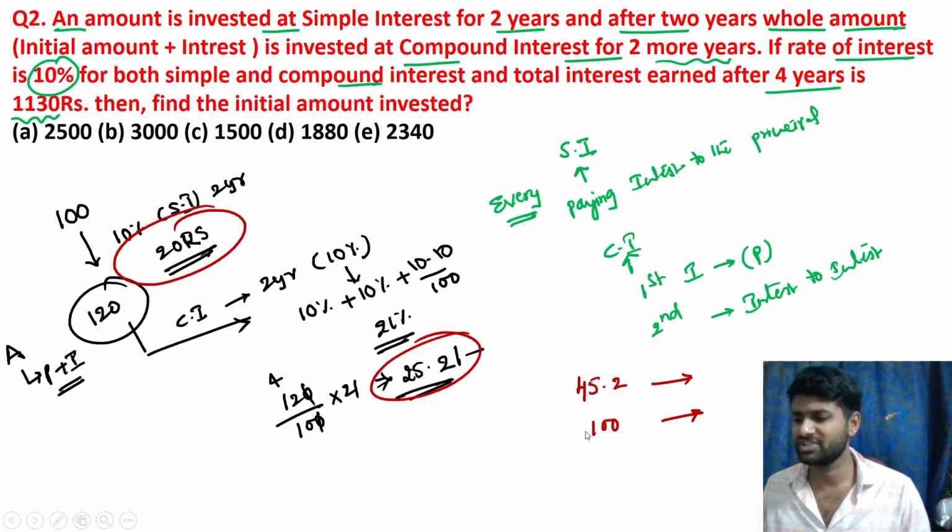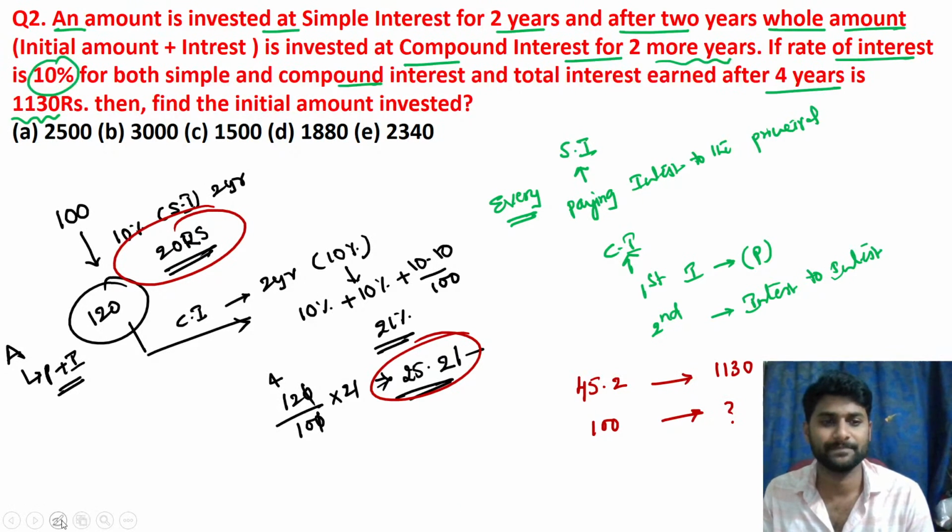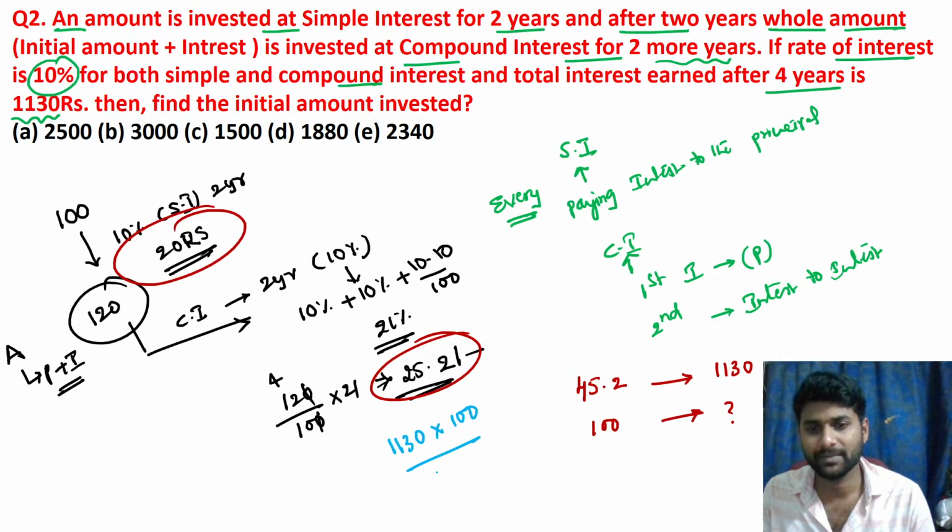You have to find the initial investment. 45.2 is exactly equal to 1130. So what is the value of 100 units? Just go through cross multiplication and you can get the answer. So 1130 into 100, divided by 452. Again, I am taking it as 100.